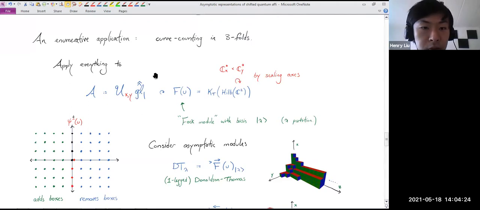In the first lecture, I mentioned how, at least for me, one of the end goals of all this stuff with these asymptotic modules for shifted quantum affine algebras was in its application to Donaldson-Thomas theory and its cousin, Pandharipande-Thomas theory. These are two theories of how to count curves embedded inside threefolds.